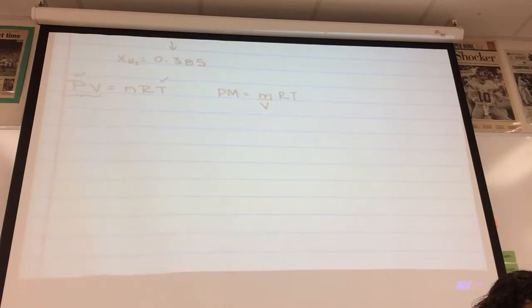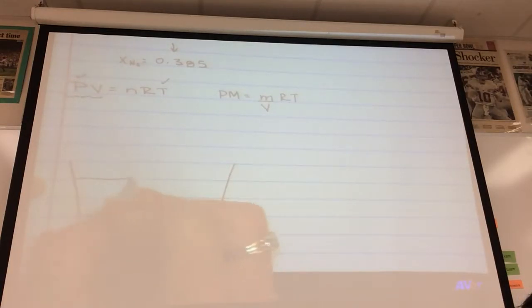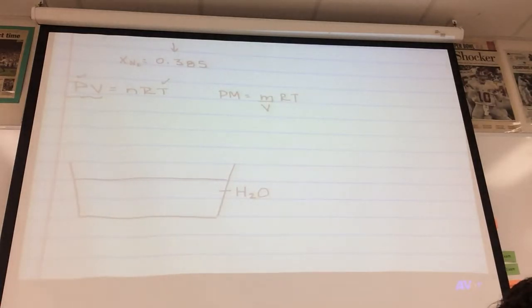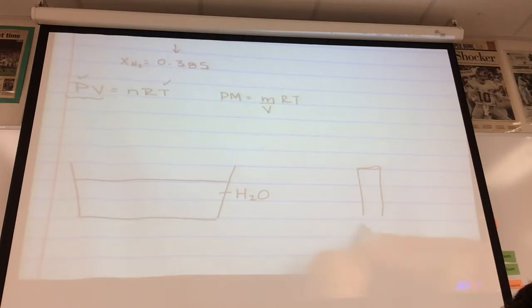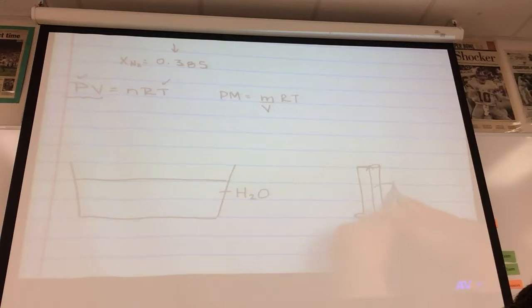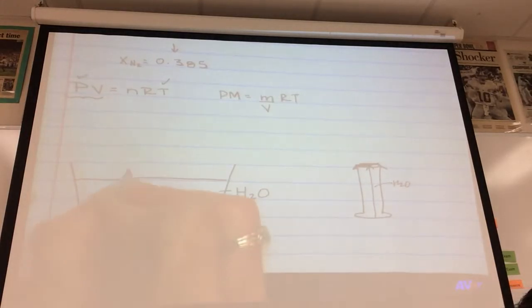And one of the things that we did in honors was that we had a trough that was filled with water. And we had a graduated cylinder, and we filled it to the tippy top with water, and then we put some type of protective covering that wouldn't leak, and we flipped the graduated cylinder upside down.